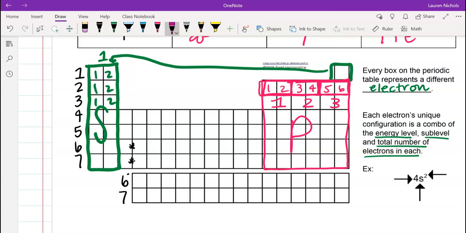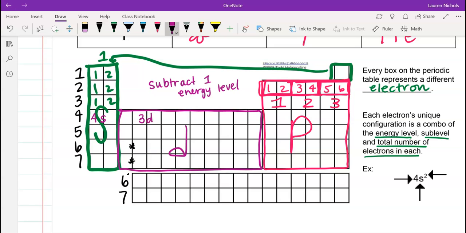Now the center is represented by the d sublevel. The important thing to know about the d sublevel is you actually have to subtract 1 energy level. What I mean by that is this would be the 4s group, but this is not 4d.